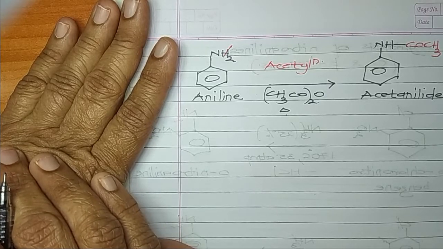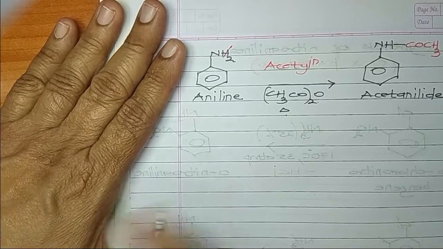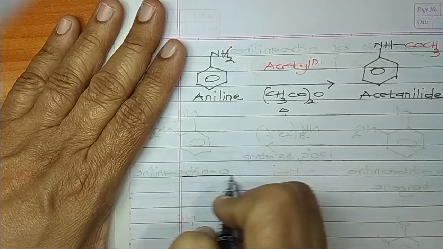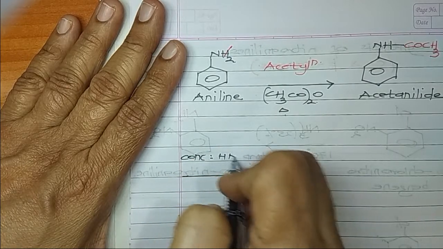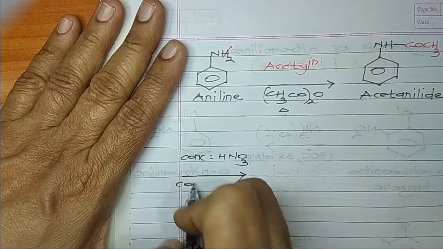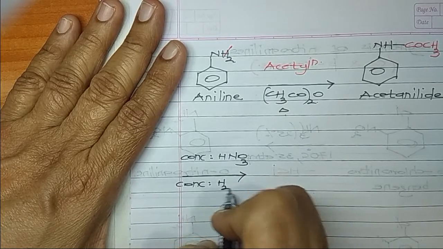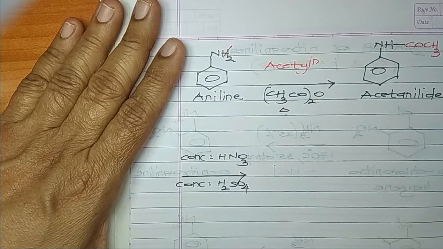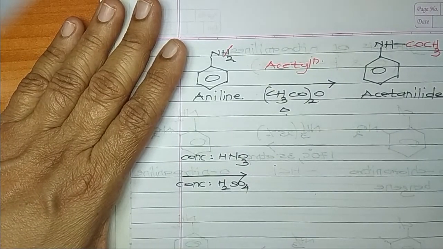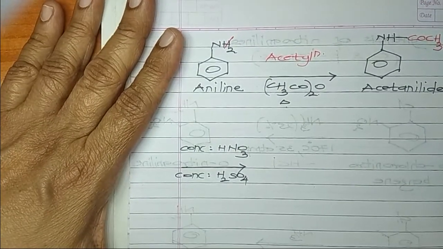What you have done is an acetylation reaction by making it react with acetic anhydride. Now, we are making it react with a mixture of concentrated HNO3 and concentrated sulfuric acid. What are my intentions?